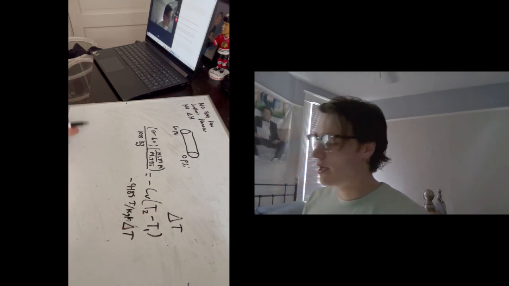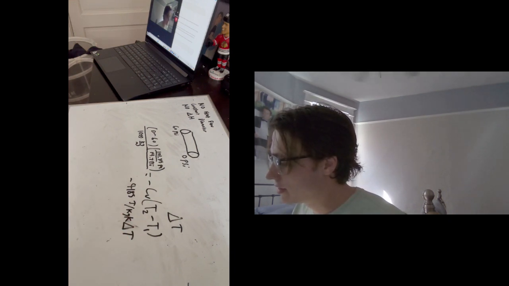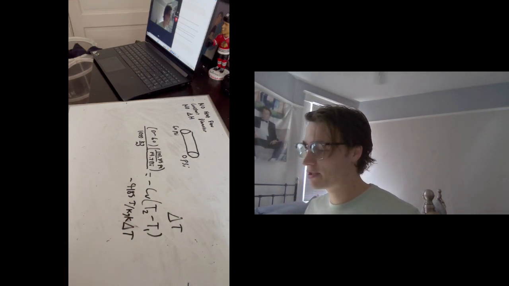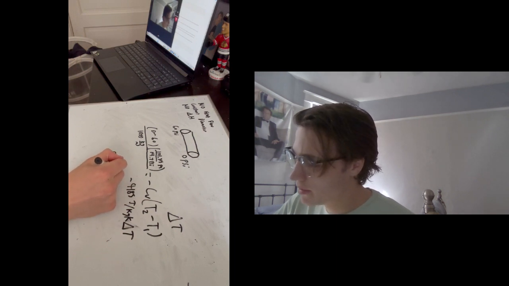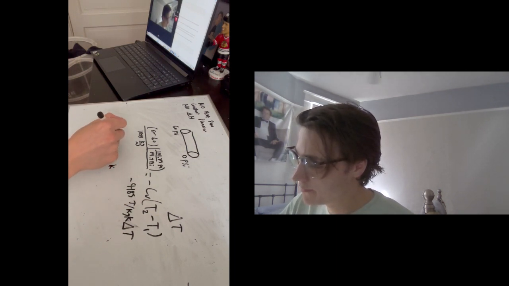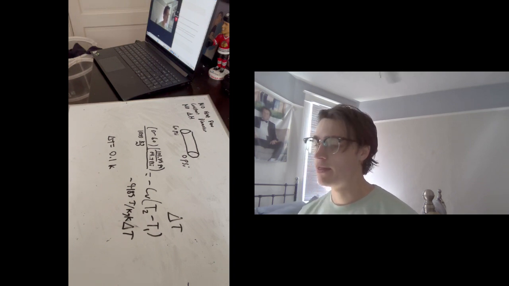And then all we have to do is solve for our temperature change, and I have this on my calculator over here, which we got to be 0.1 Kelvin. So that will be our change in temperature with a pressure drop of 60 psi to 0 psi.